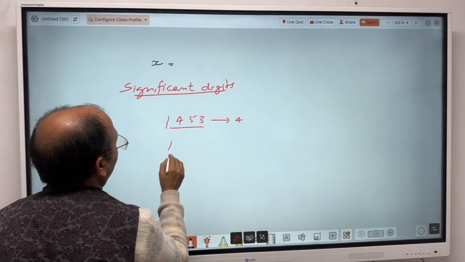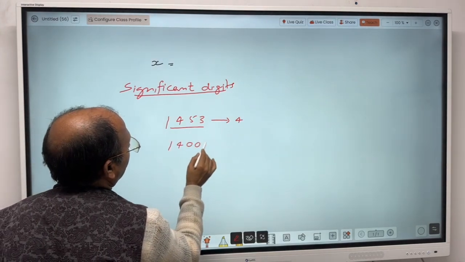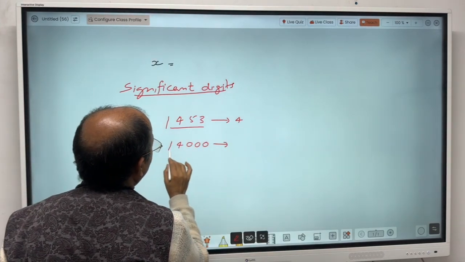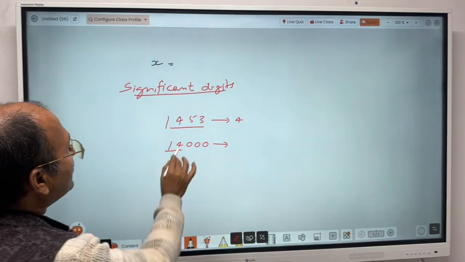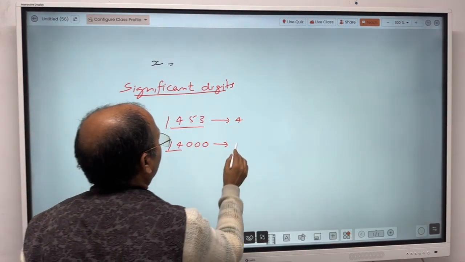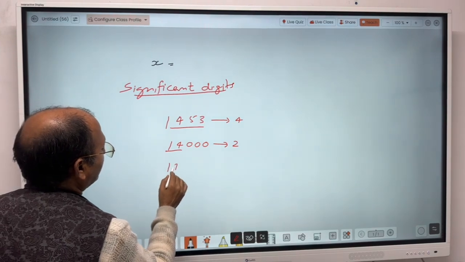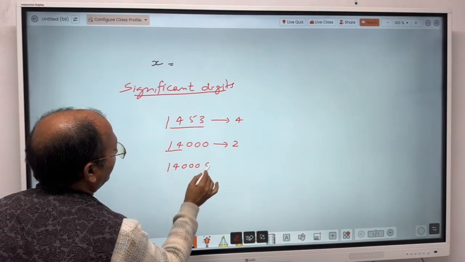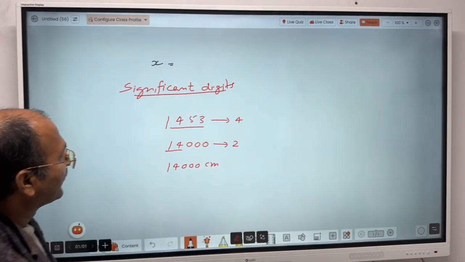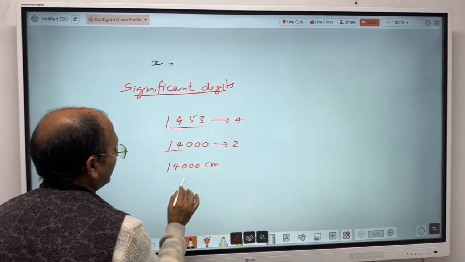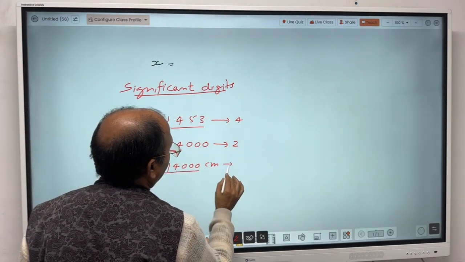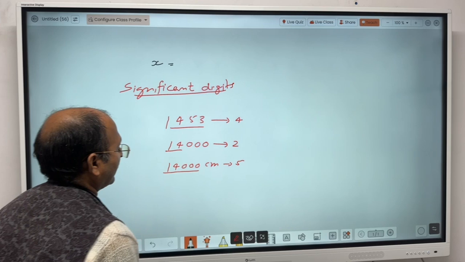But suppose we put some zeros, 14000. So only these 2 digits are significant. These zeros are not significant. But suppose the same thing we write with 000 and after that we put some unit. So if we put this unit, in that case all 5 digits are significant.